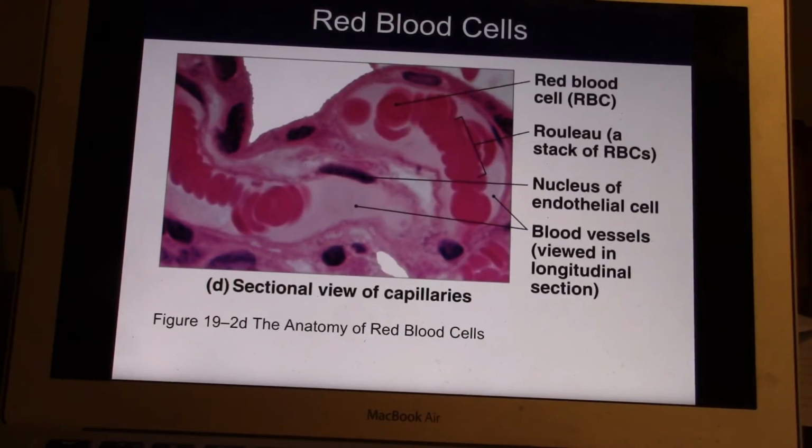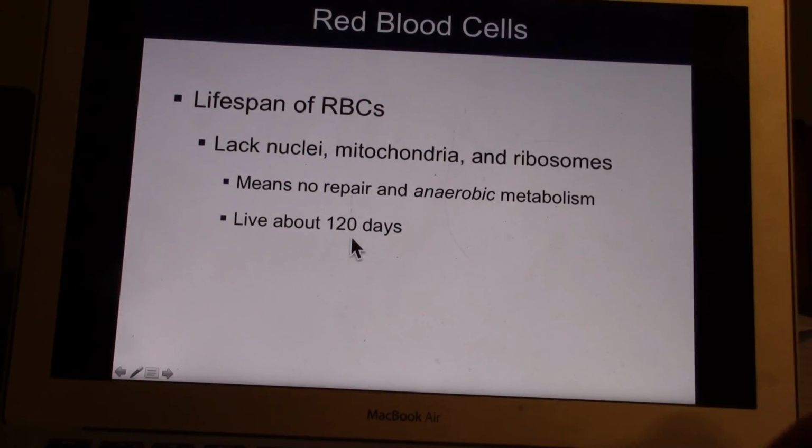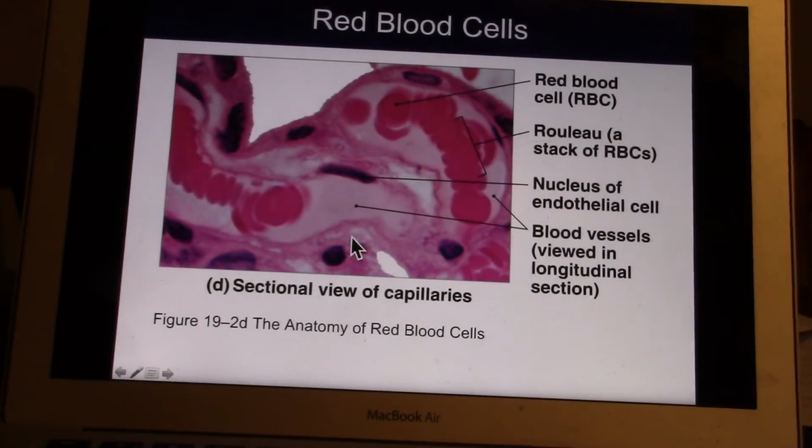They're stacks of red cells working their way through these tiny little blood vessels. Remember that all little blood vessels, all capillaries, are lined by endothelium, which is a simple squamous epithelium. Here's a nucleus, and then all of this is just cytoplasm out here, working its way down this little tiny tube, which we call a capillary.